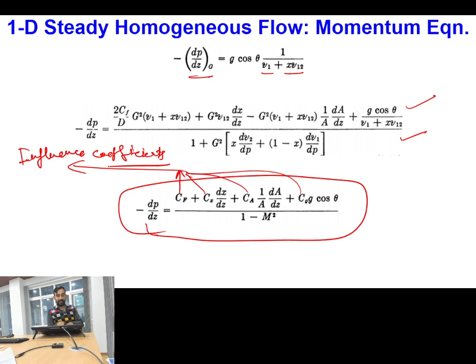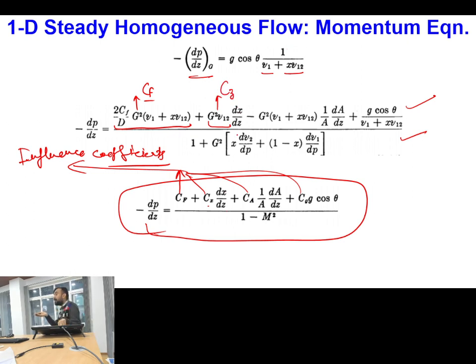So when you are referring to CF, then you need to compare with this equation. So this entire quantity is becoming your CF. So it means this is influence coefficient because of friction. When you compare this Cz into dx by dz, so this is dx by dz, so this value will become your Cz.